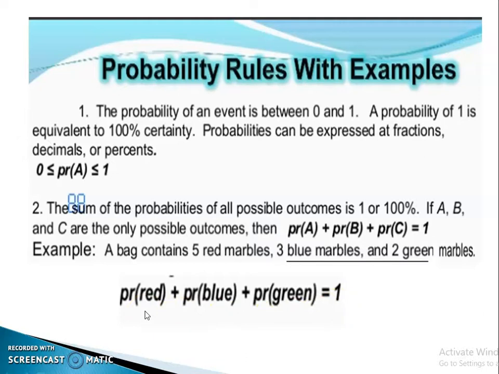There are a total of 10 marbles and out of 10, red marbles are 5. So probability of red marbles is 5 by 10, plus probability of blue marbles is 3 out of 10, and probability of green marbles is 2 out of 10. So 5 by 10 plus 3 by 10 plus 2 by 10 is equal to 10 by 10, which is equal to 1.